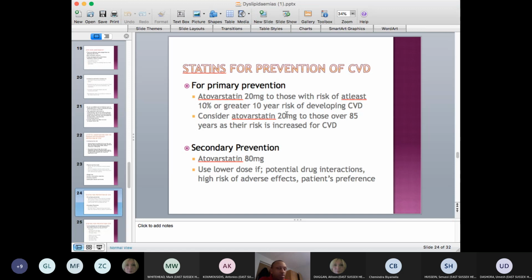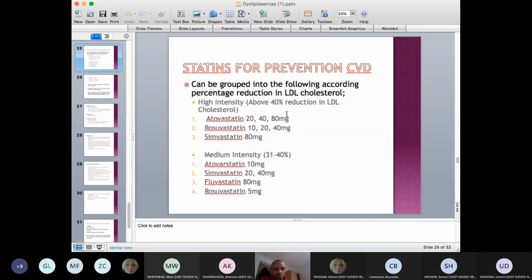And in some people, some patients may not prefer to be on the high dose. So you should also consider reducing the dose. Now, when you're talking about statins, the statins can also be graded into high intensity. When they say high intensity statins, they mean those which will cause at least a 40% reduction in LDL cholesterol.